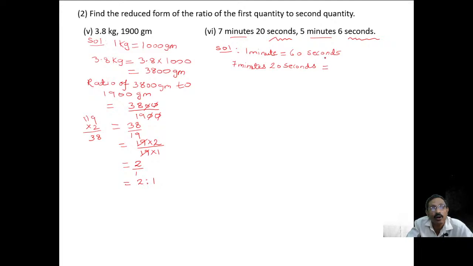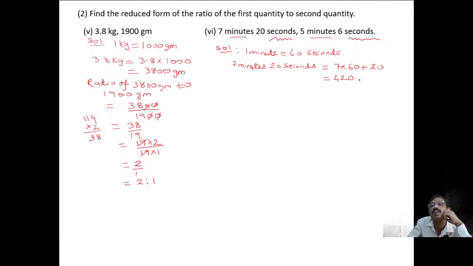This is equal to, now very carefully see here, we have 7 minutes. Now we have to convert this 7 minutes into seconds. 7 into 60 plus, you have got 20 with you. This 20 has to be added to this, which is equal to, what will 7 into 60 give me? 7 zeros are 0, 7 fives are 35, 7 sixes are 42.